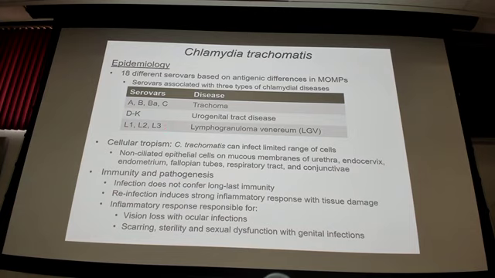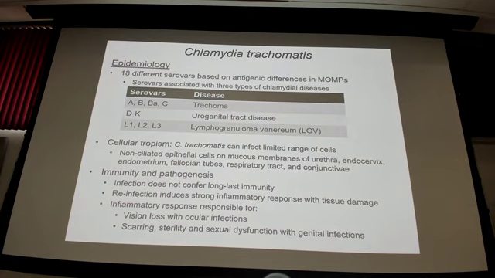Each of these serovars has a distinctive tropism. Do you know what the word tropism means? It's the propensity to infect a specific cell type or tissue. So if you have tropism for unciliated urogenital epithelial cells, for example, then you probably wouldn't be able to infect a ciliated respiratory epithelial cell.